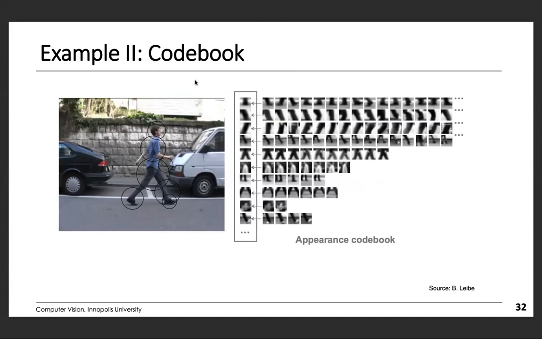Here, for example, we have lots of images of people walking, but in the end, it's all a face, the legs, the shoes, just basic components that are always repeating in all of the images of the people.